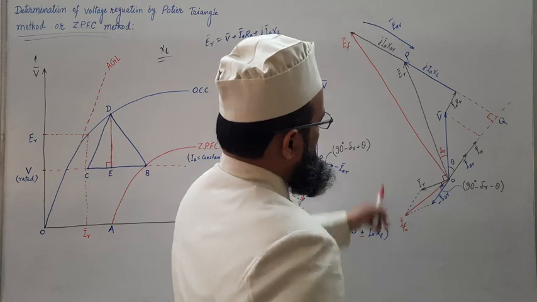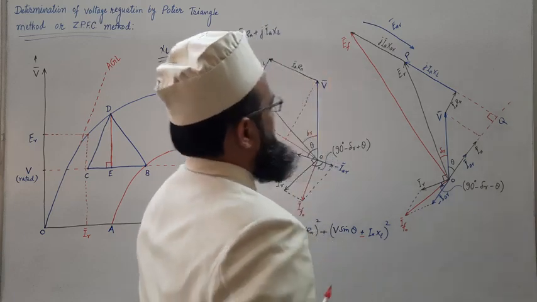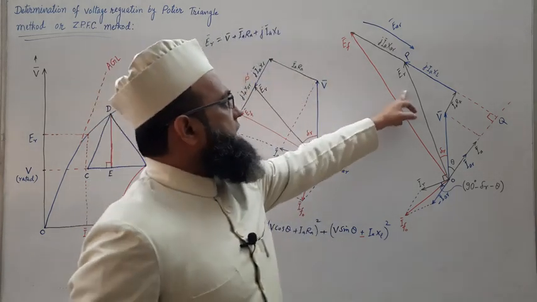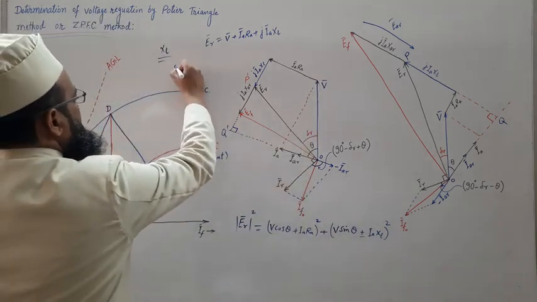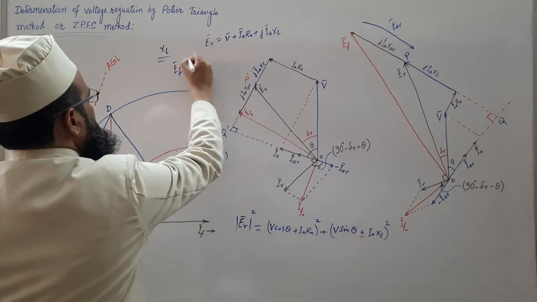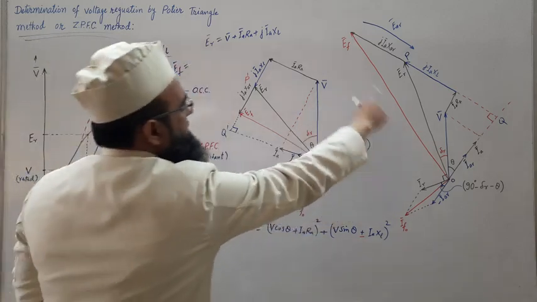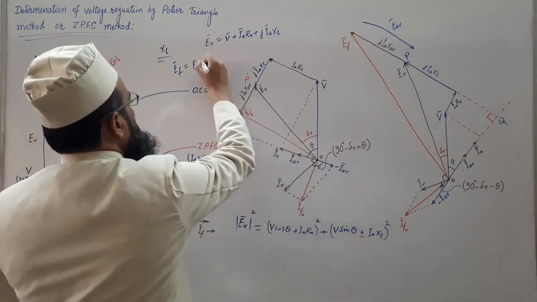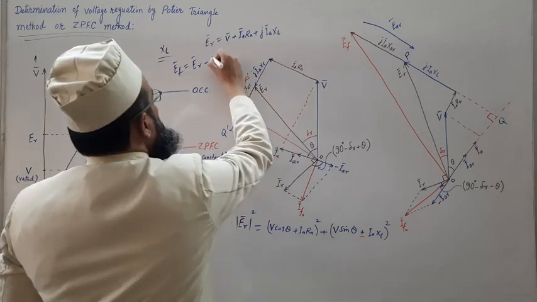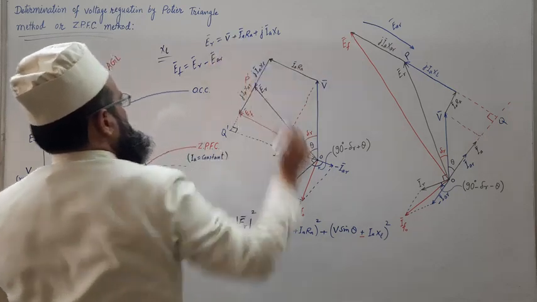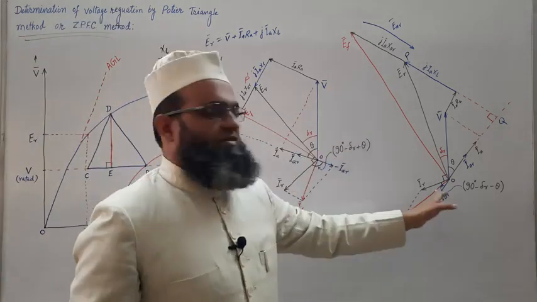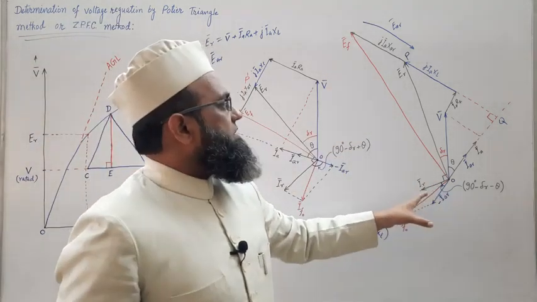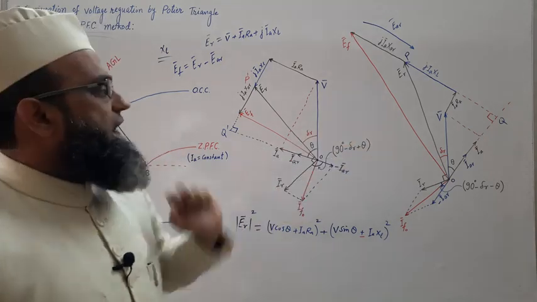So this Ef may be written as Er minus EaR. You may write here this Ef phasor may be written as Er phasor minus EaR phasor, and corresponding excitation currents lead the corresponding EMFs by 90 degree.